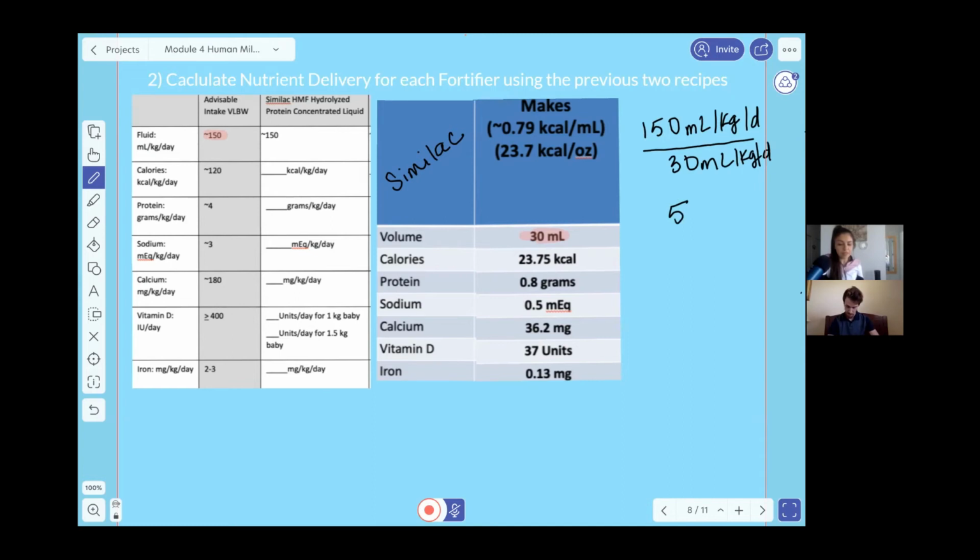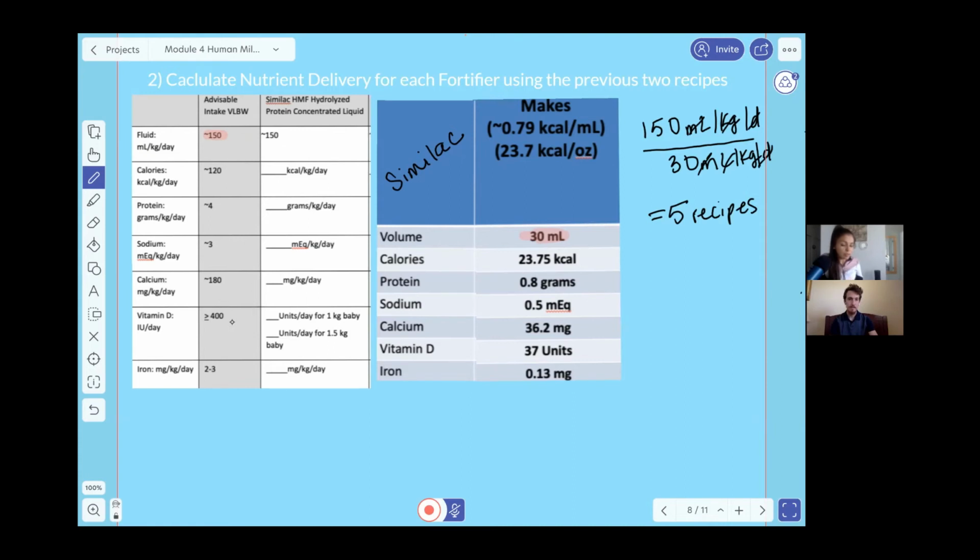We're canceling everything out. We just want to see how many of our actual recipes we are going to need to get approximately 150 milliliters if one recipe makes 30 milliliters. So since that gave us 5, that means that we need 5 recipes. Does that make sense? Yep. Okay. So now what we're going to do is basically multiply our recipe by 5.